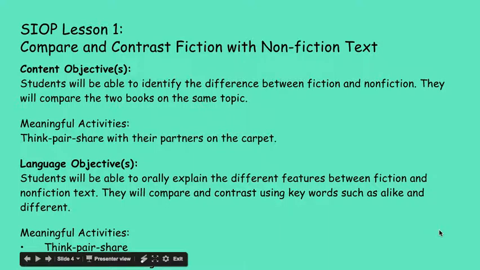My first lesson in the unit is a PSYOP lesson, and we are comparing and contrasting fiction and nonfiction text. What's really nice about this lesson is that students are going to be able to identify the difference between these two genres by actually comparing the text side by side.